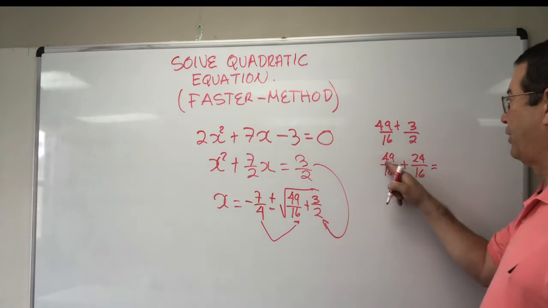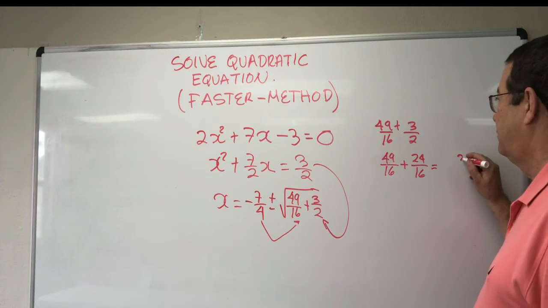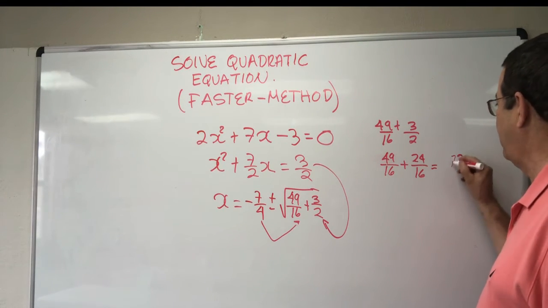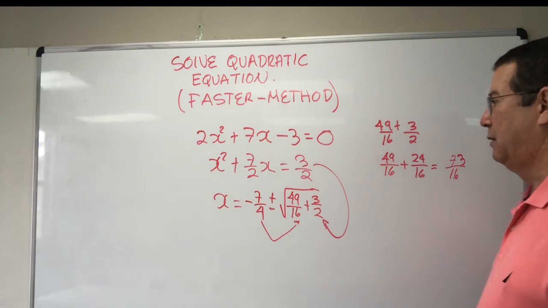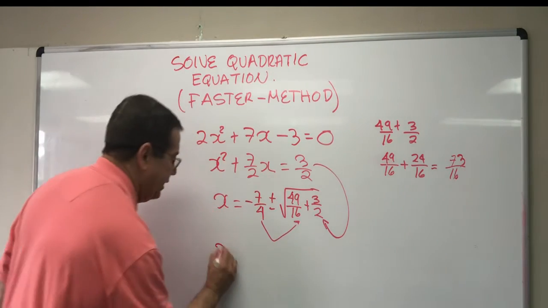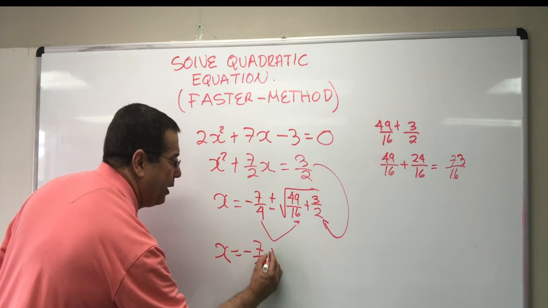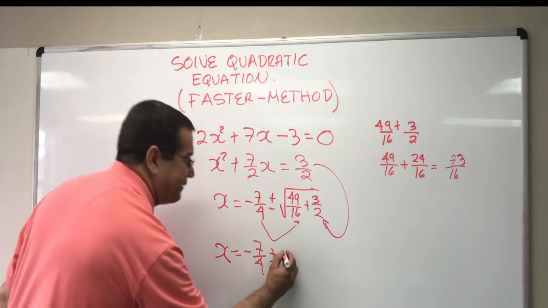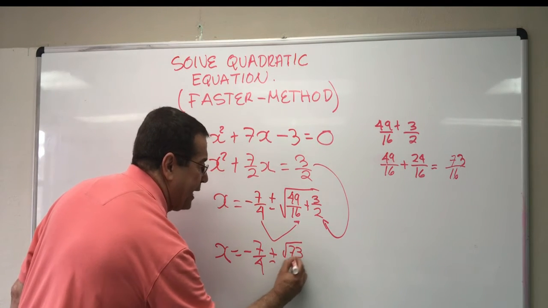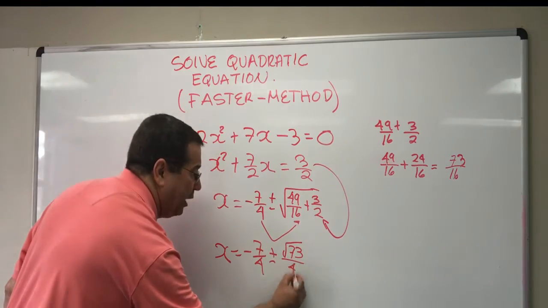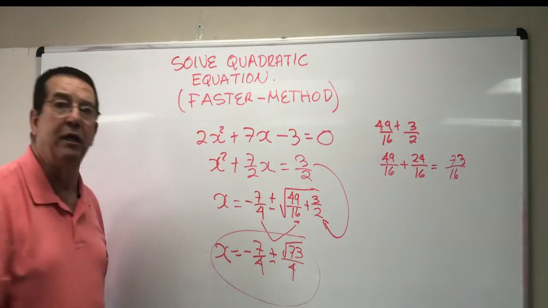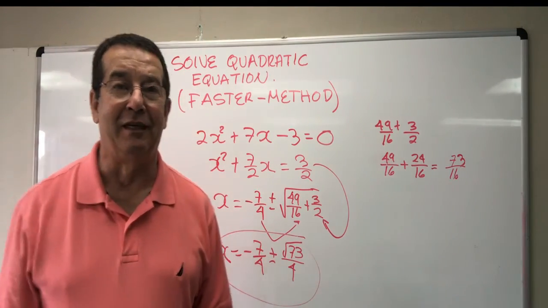When you add 49 plus 24, you get 73 divided by 16. Now the solution is x equals negative 7 over 4 plus and minus the square root of 73 divided by the square root of 16, which is 4. And you have the two solutions. It's very simple.